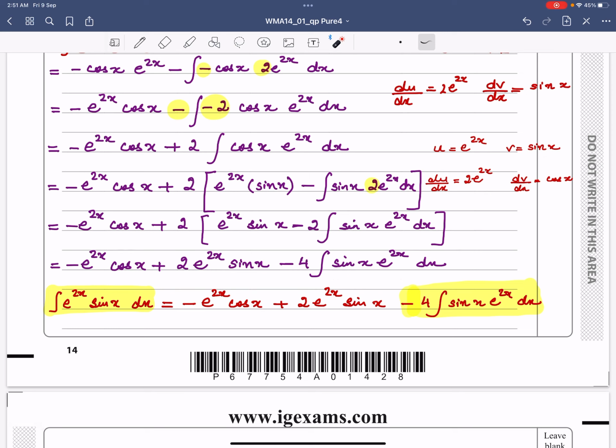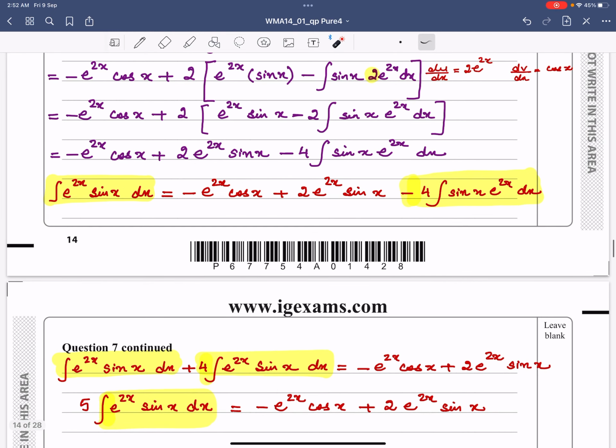In this part, we need to realize that this is the same as the left hand side of our equation, and pull the two like terms together in order to simplify them. So once we pull out the two like terms together, we can make the term that we require to find the subject of the formula and find its value.